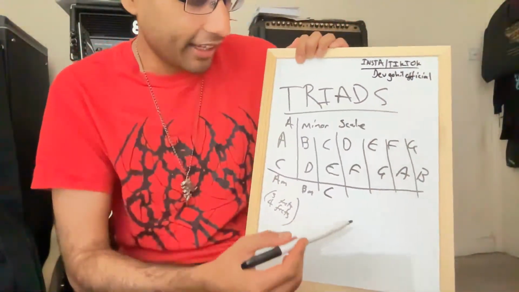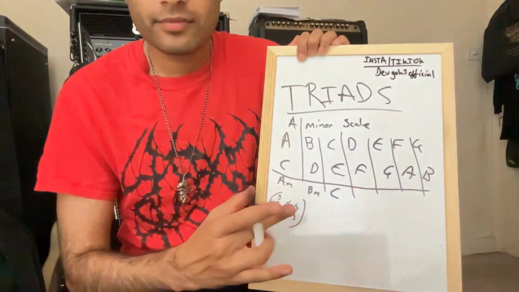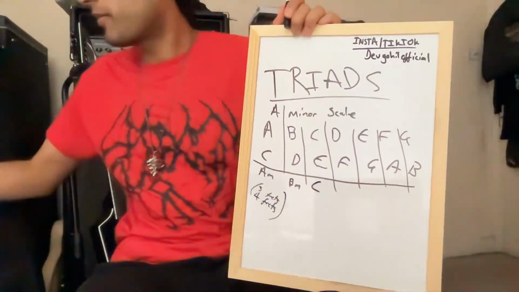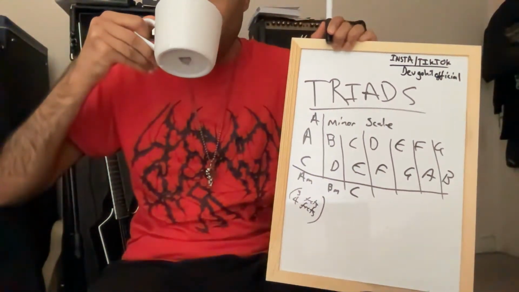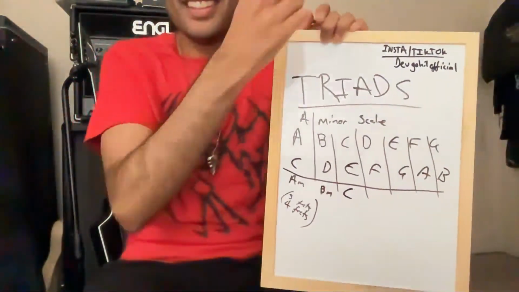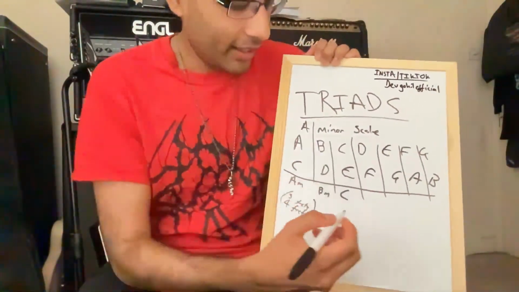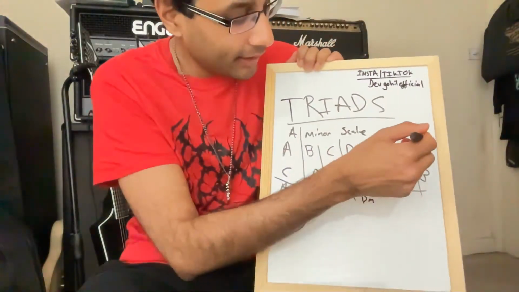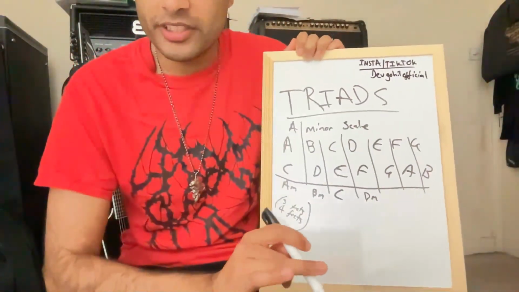Excellent. D and F, is that major or minor? Yep, D minor dyad. And to speed things up, let's see if you can do the next 3 chords.